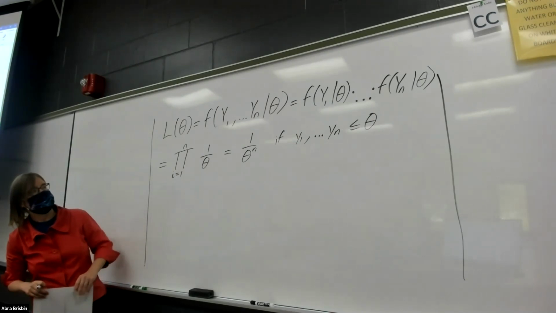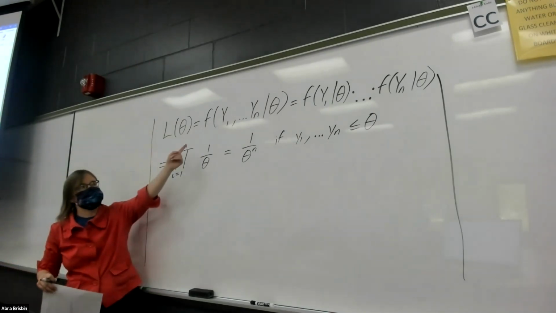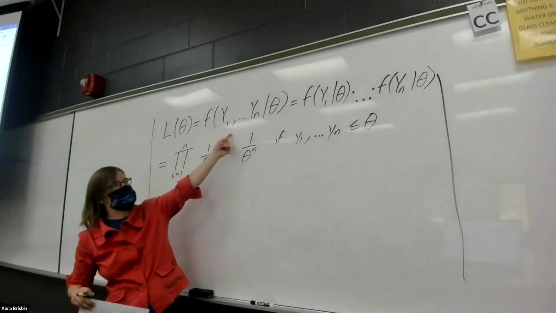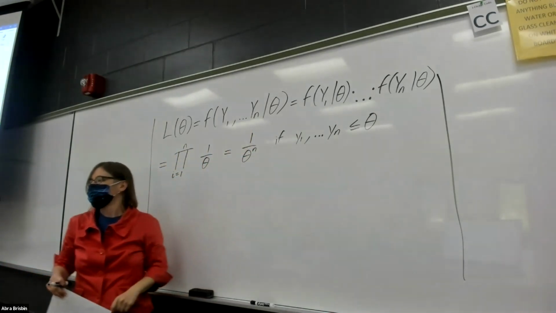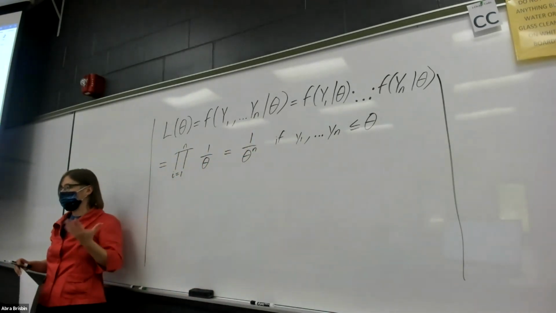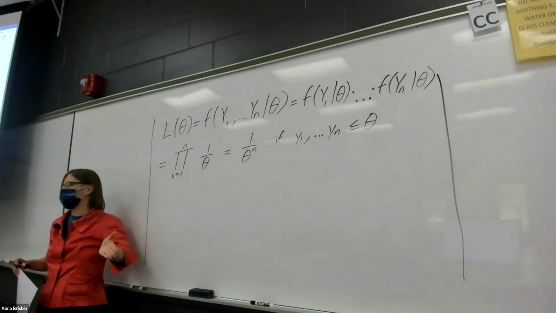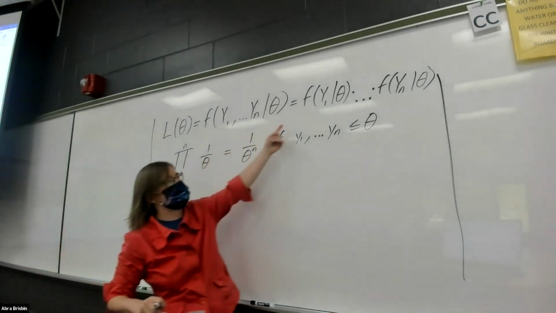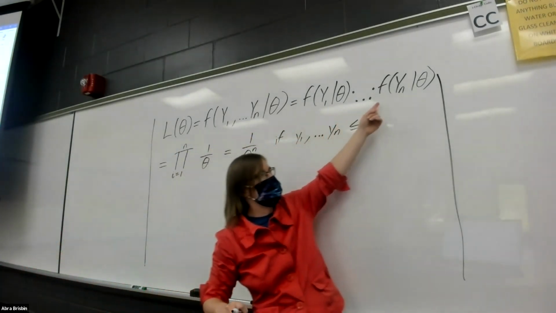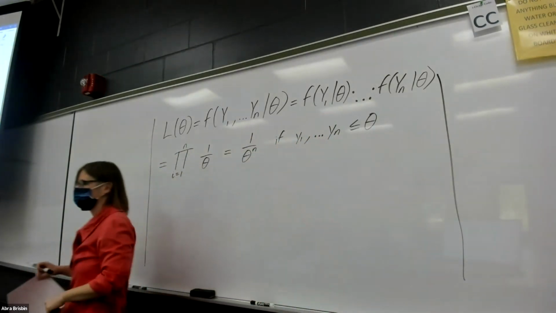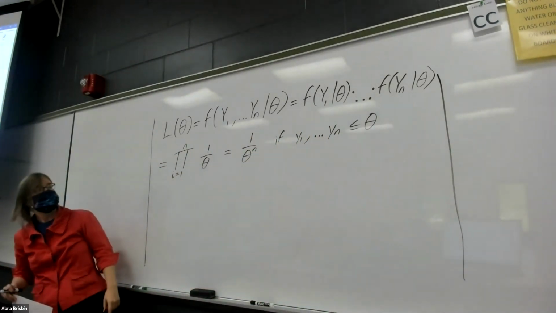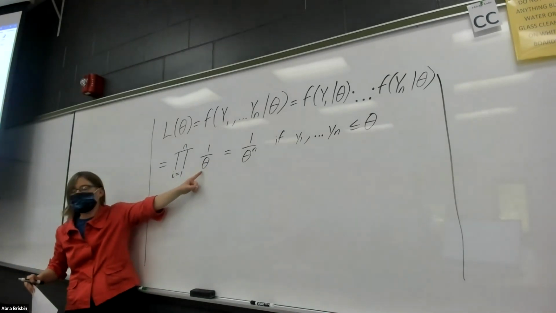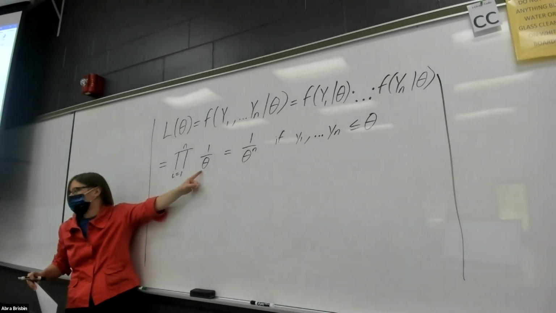All right, so the likelihood is the joint density of the y sub i's. And assuming this is a random sample of independent observations, we can split that up into the product of the densities of each of the y sub i's. The density of each y sub i is 1 over theta minus 0, so 1 over theta.